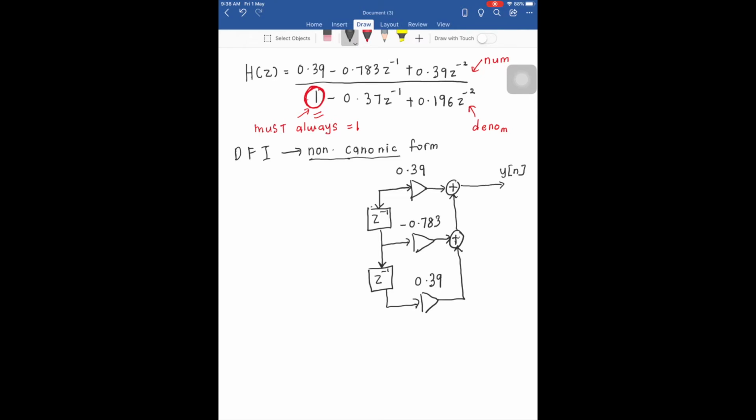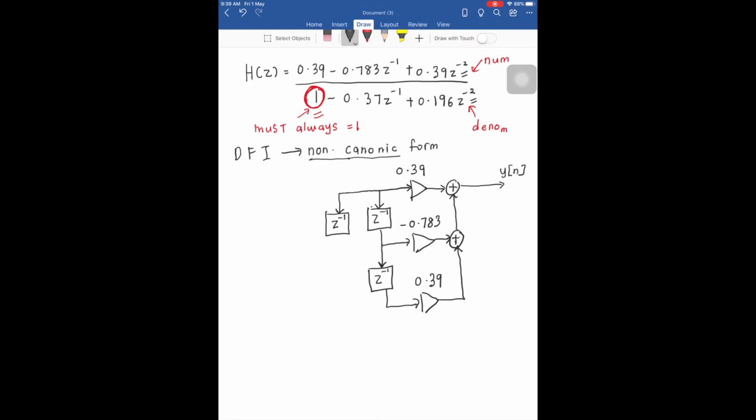Next, for our denominator part, again non-canonic, not sharing the same delay. To sketch the delays, you refer to your highest order. For this transfer function the highest order is 2, so you have 2 delays.